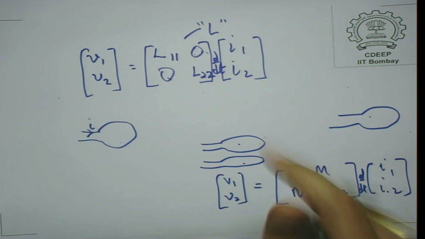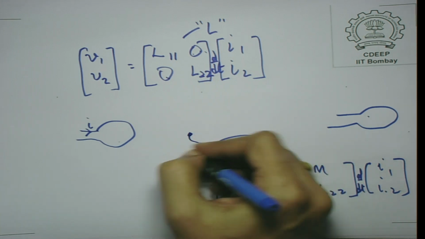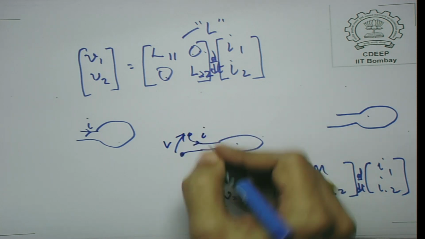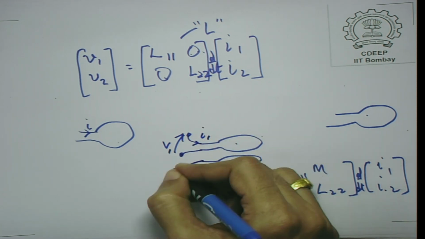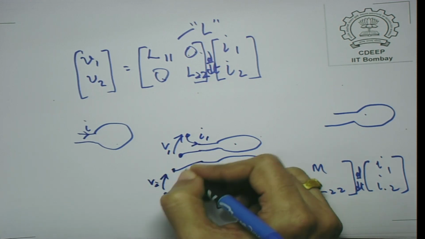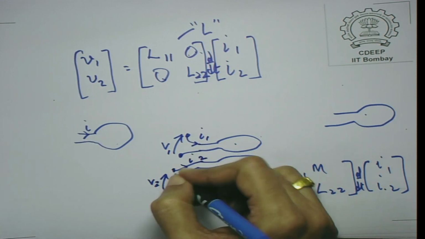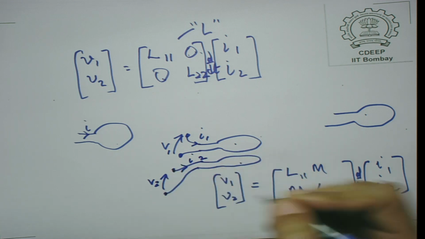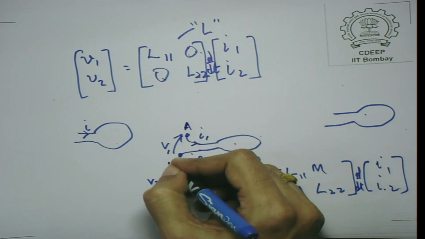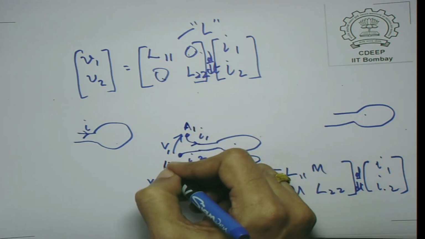Now, as I mentioned some time back, if you are measuring voltage this way and current is going in for the first coil, and V2 and you have I2 going in like this, V2 is measured this way, potential of this with respect to this, current going into the first point, that is this is A1 and this is A2.